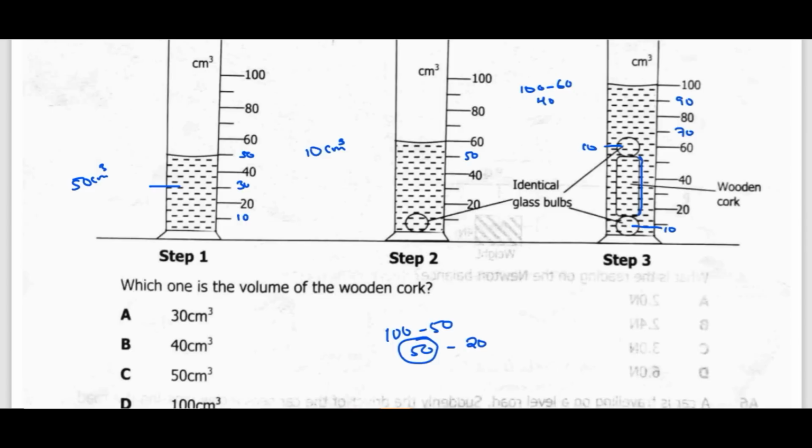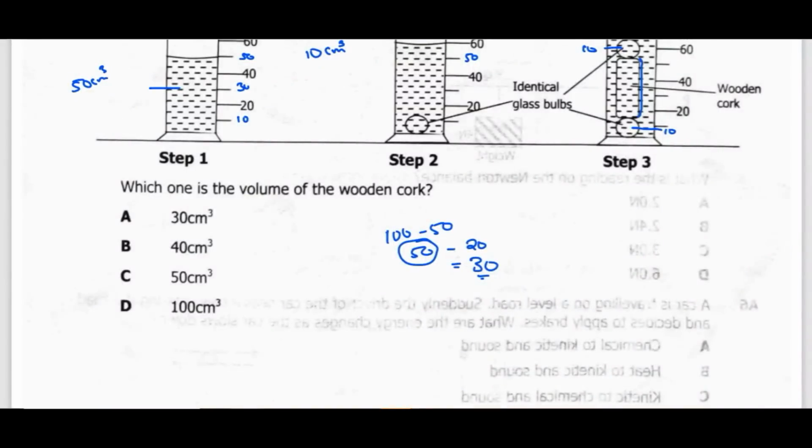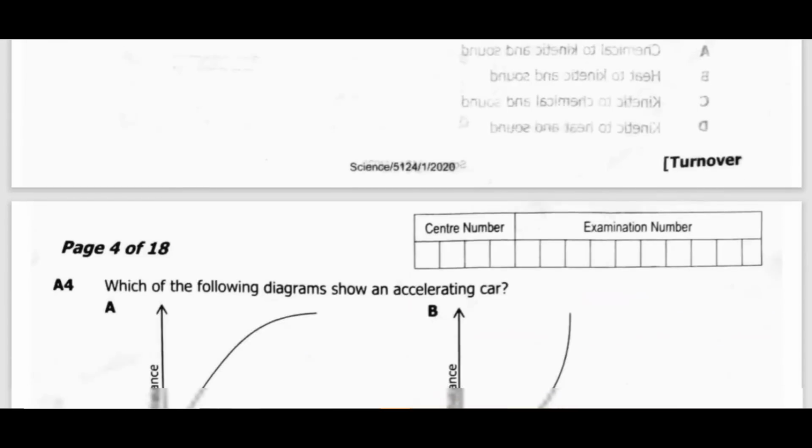For these identical corks. The one at the bottom is 10, and the one on top is 10. So 10 plus 10 is 20. If we subtract, we're going to get 30 there. So the answer here is A. Okay, we can move.